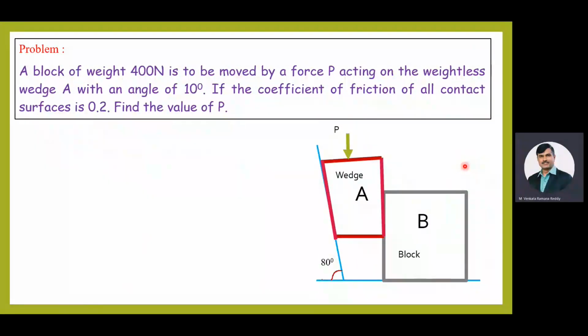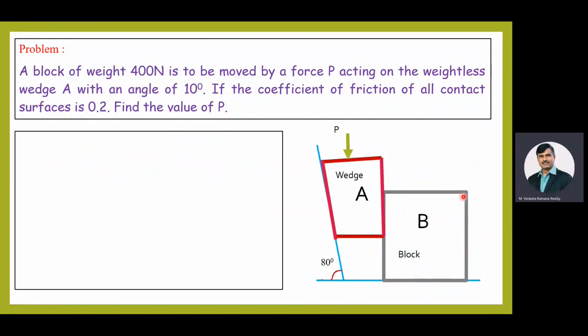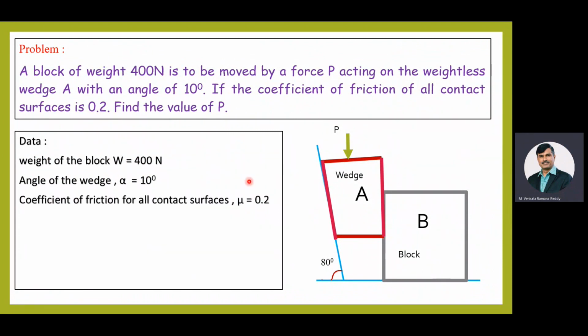Now we will write the data. Here, weight of the block is equal to 400 Newton and inclination of the wedge, that is alpha, is equal to 10 degrees. Coefficient of friction for all contact surfaces, that is mu, is equal to 0.2. From this we will calculate the angle of friction phi.